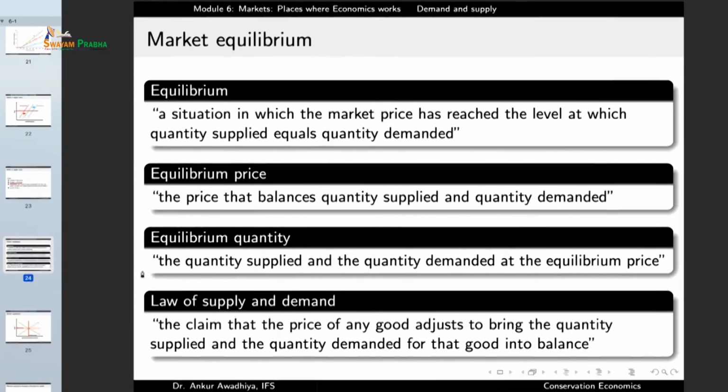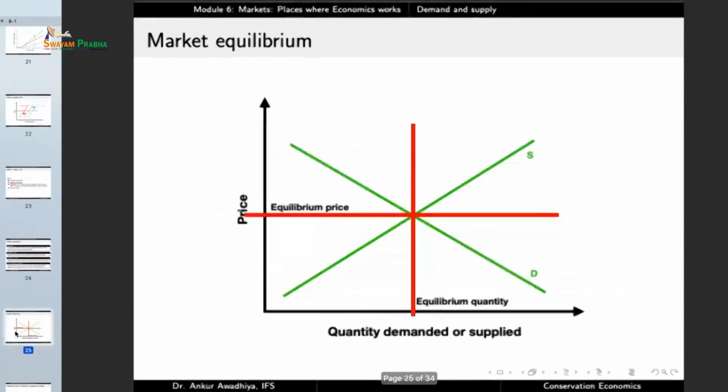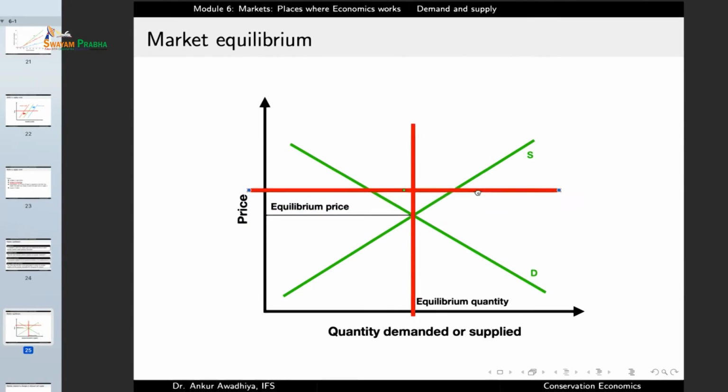And this brings us to the law of supply and demand. The claim that the price of any good adjusts to bring the quantity supplied and the quantity demanded for that good into balance. So, what is the law of supply and demand? It is the claim that the price of any good adjusts. When we say that it is adjusting, we mean that this price goes up and down, but then it ultimately reaches this point.